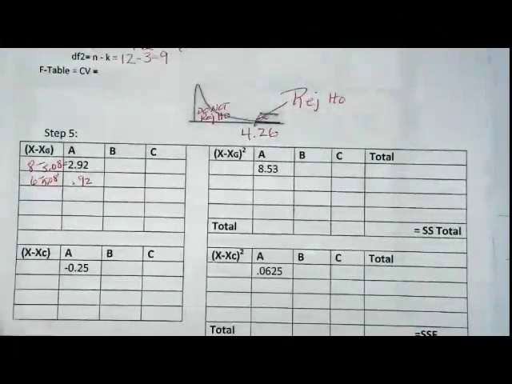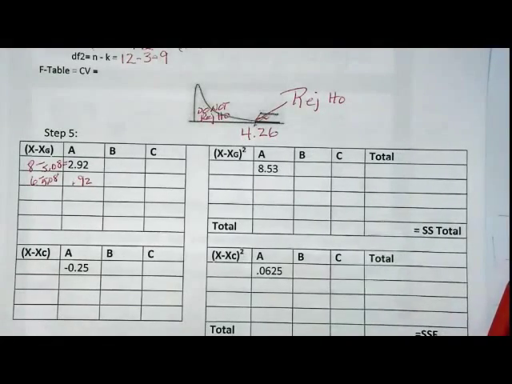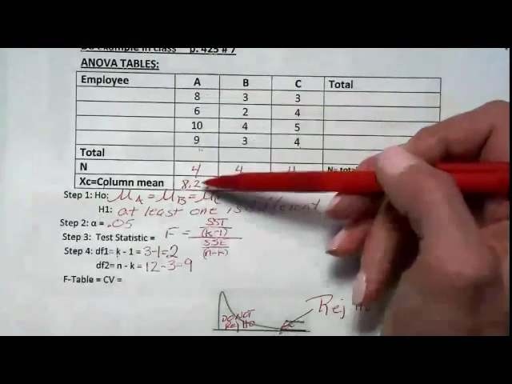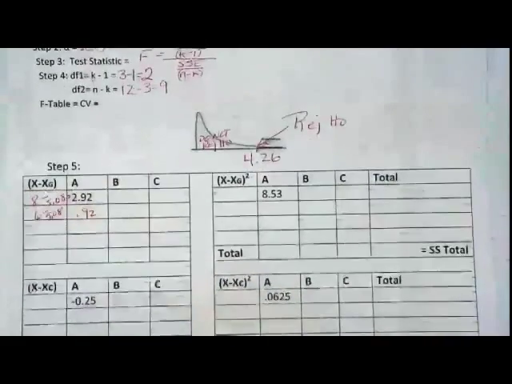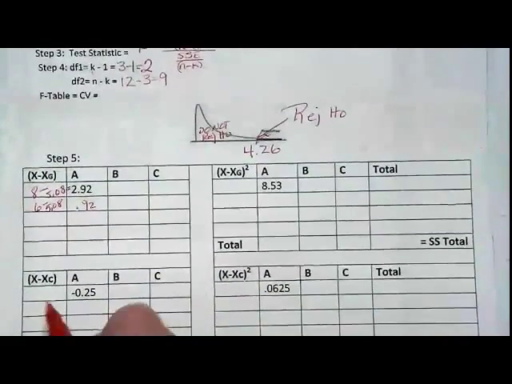Now I would like you to calculate the individual minus its own column mean. Well, where does that come from? The individual data point minus its column mean. And I know I'm going up and down, but even in class, this is how we do it.